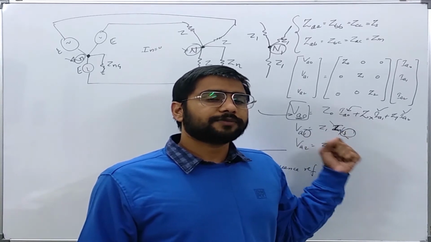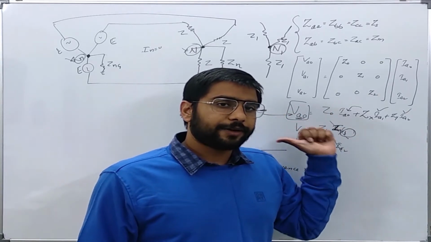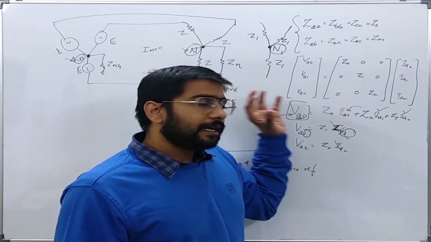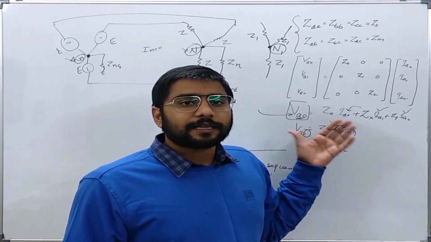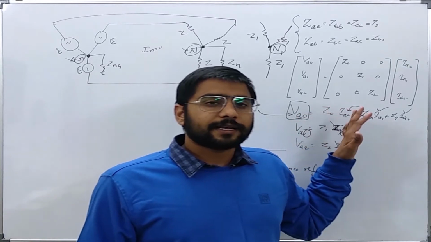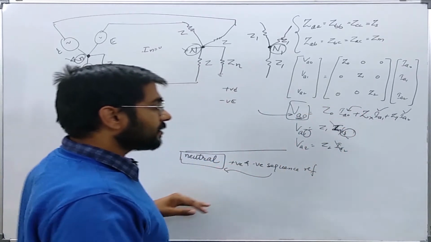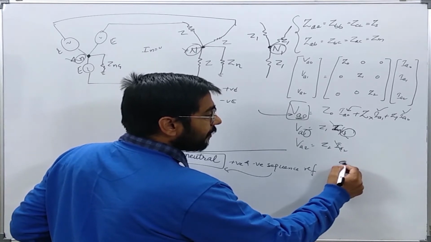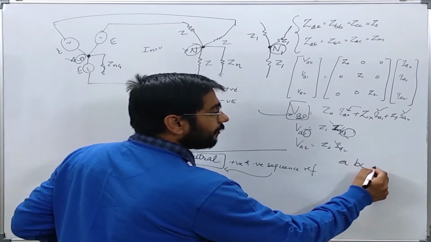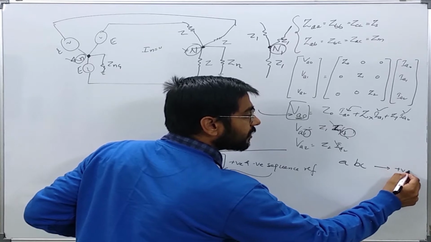As we have seen in our previous videos, whenever a phasor system or a three-phase system is balanced, it is not going to have any other sequence components. If it is, let us say, balanced in such a way that it has positive phase sequence, then it will have only the positive sequence component.